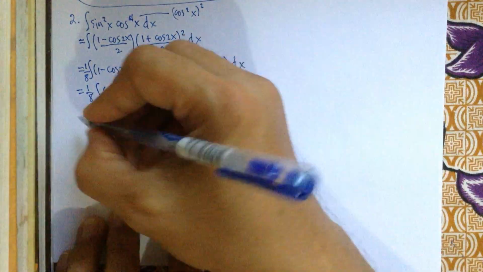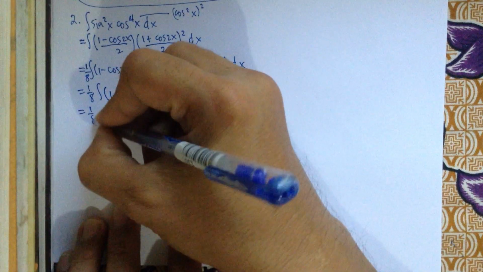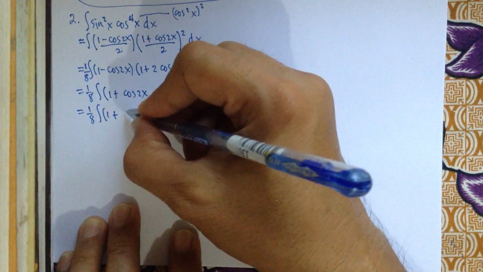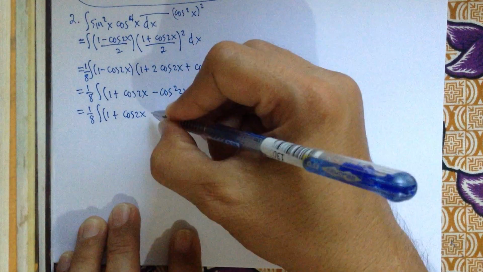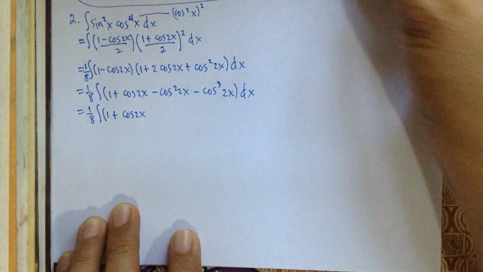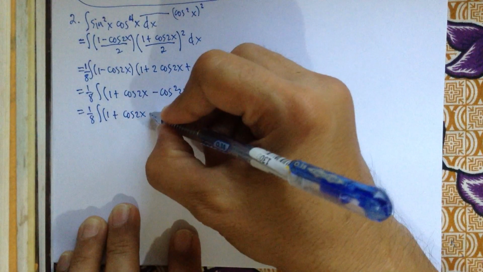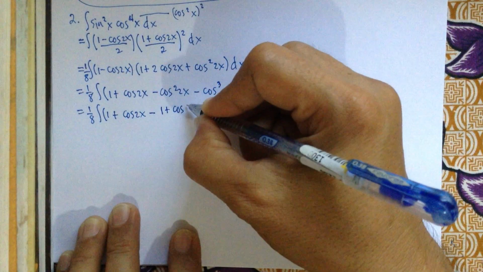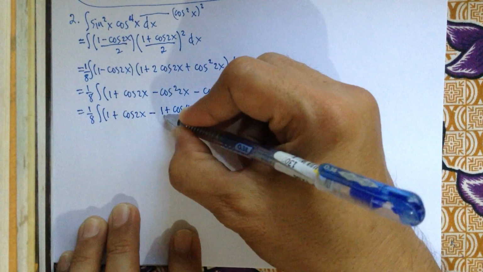And let's write this in more integrable form. 1 plus, so no problem with this, cosine 2x, but this one is raised to exponent 2, so again we use the half angle formula for this. Can be written as 1 plus cosine 4x, right, over 2.